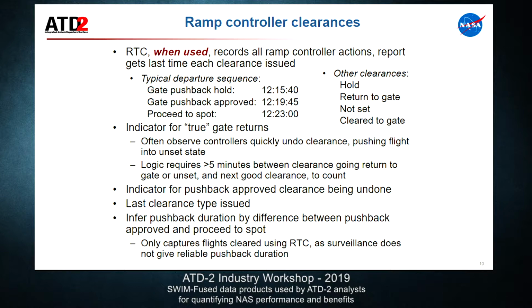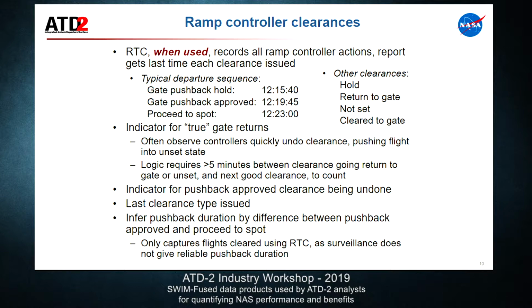A typical clearance sequence: the ramp controller issues a gate pushback hold clearance at a given time, and then about 4 minutes later may say gate pushback is now approved, so that corresponds to about a 4-minute gate hold. Once they start pushing back and complete the engine start process, they get issued a proceed to spot clearance. So we're capturing that data so we can look at the evolution of each flight, and we can sum up clearances over time as a measure of how busy the ramp is, if you will.